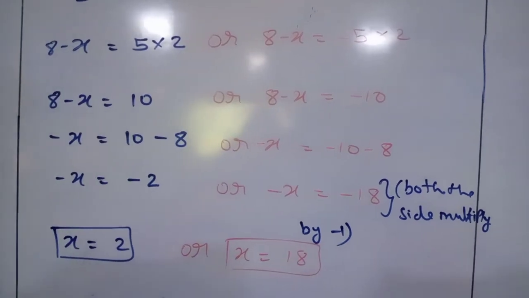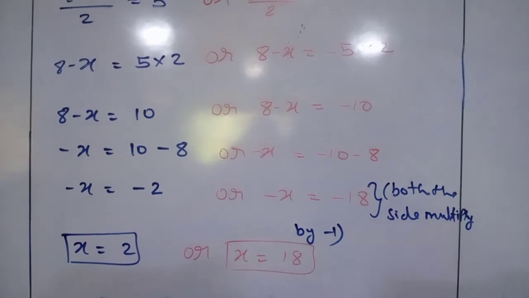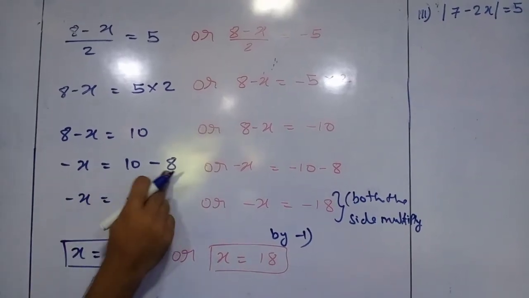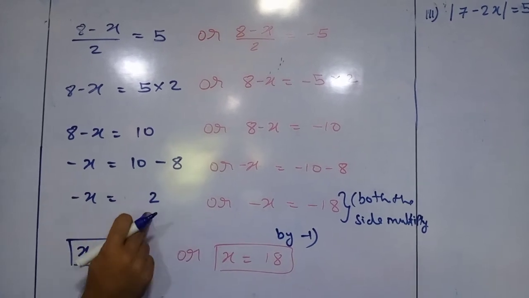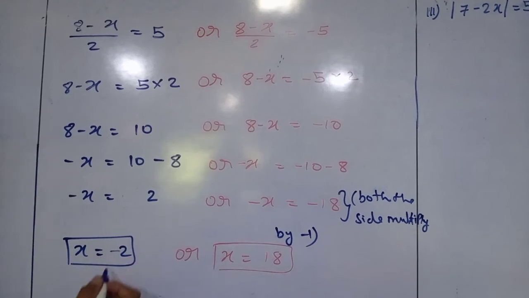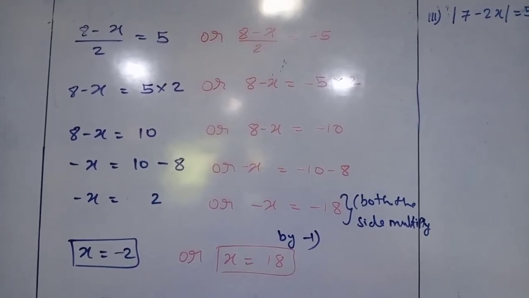This way we can get the answer, x is equal to 2 or x is equal to minus 18. Sorry, over here 10 minus 8, when we subtract we get plus 2. So whenever we multiply with minus 1, here we get minus 2. So x is equal to minus 2 or x is equal to 18.